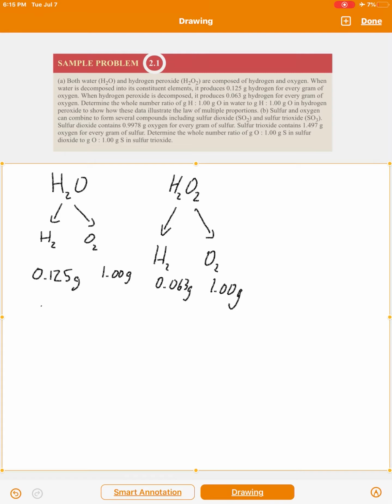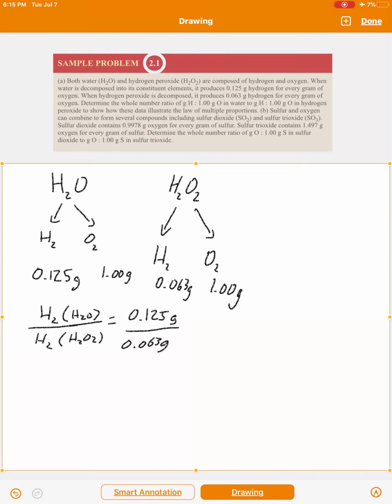If we take the hydrogen that's in the water, so I'll put in parentheses water, and you divide that by the hydrogen that's in the peroxide, hydrogen peroxide, it's 0.125 grams divided by 0.063 grams.